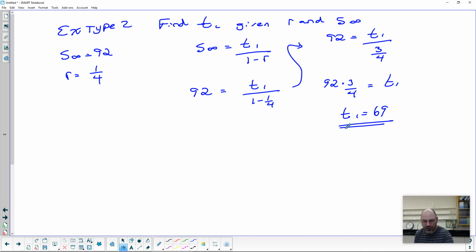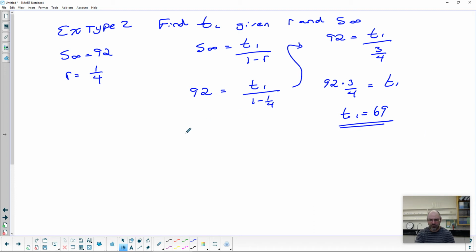Okay, the last type of example I'm going to do is you can use an infinite series to take a repeated decimal and turn it into a fraction, because you can use the formula that we just used to do that.